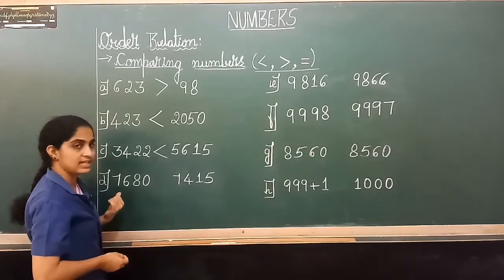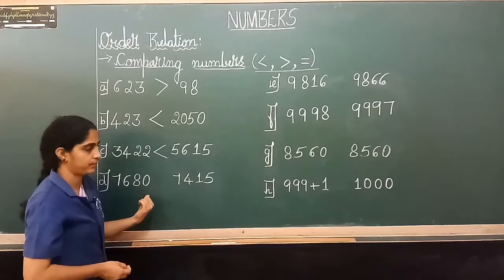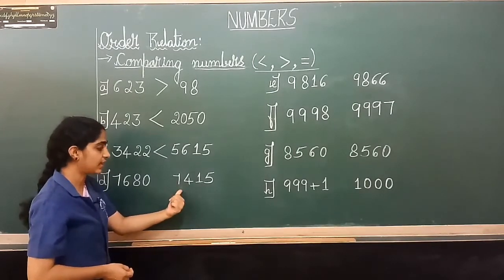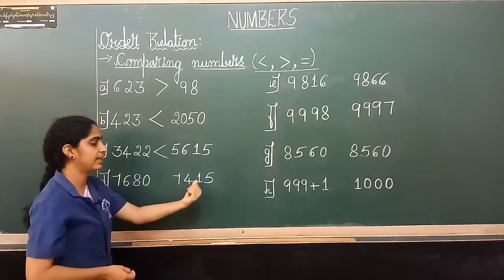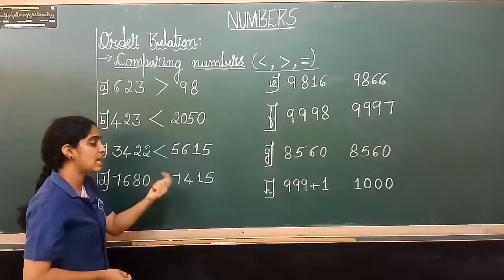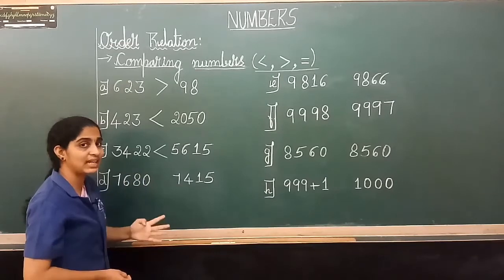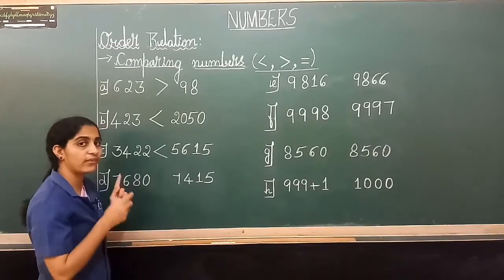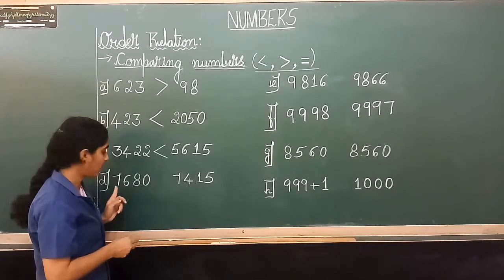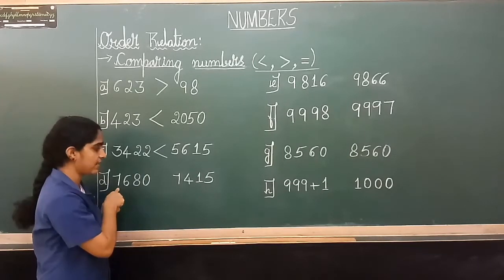Here we have 7680. On the other side, we have the number 7415. Now you know that if both the numbers are 4-digit numbers, we have to see the first digit of each number. The first digit of this number is 7.